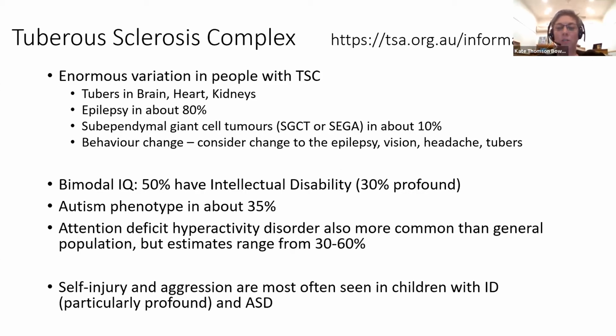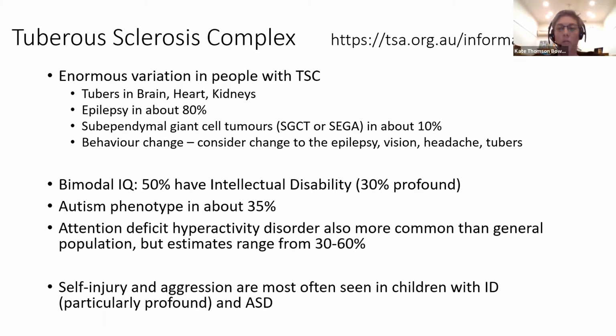The population of children with TSC, I've been talking a lot about intellectual disability, and that's because that's the group of children I usually see, but only about 50% of TSC patients will have an intellectual disability.